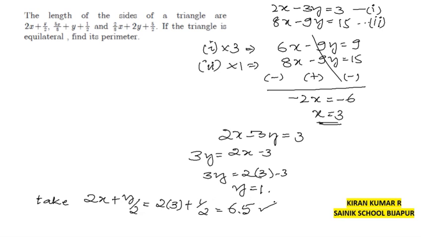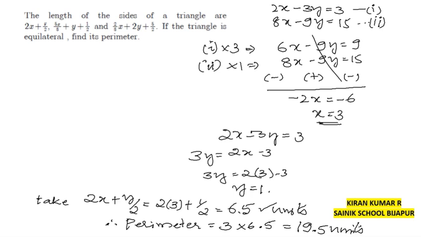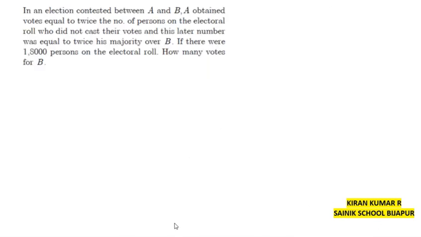Let me write 6.5 units be the side of the equilateral triangle. Therefore, perimeter is thrice of this side. 3 times 6.5, we get it as 19.5 units. If it is in centimeters, it is 19.5 centimeters. Next question.